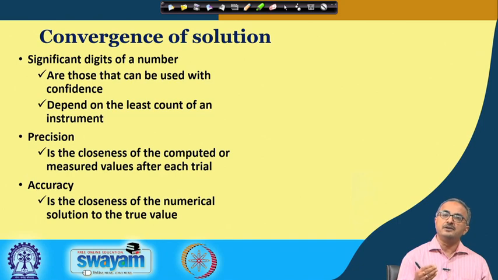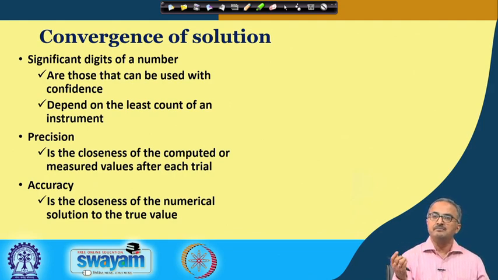That means whenever you are reporting or calculating the temperature of our body, you should not mention it like 98.4675. After 98.4, the digits 675 are immaterial, because they cannot be verified by your thermometer.